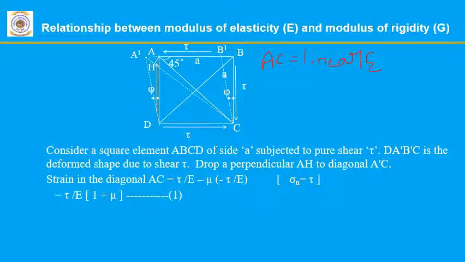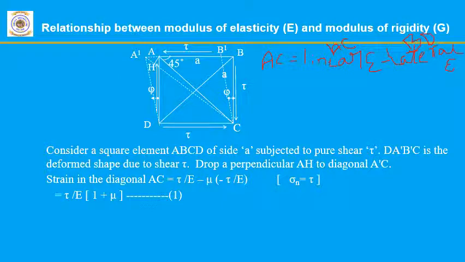Since across the diagonal AC there is an increase in length, it is positive, whereas across BD there is a shortening of the length, therefore minus the lateral strain across the diagonal BD. So this is across diagonal AC, whereas this is across diagonal BD.